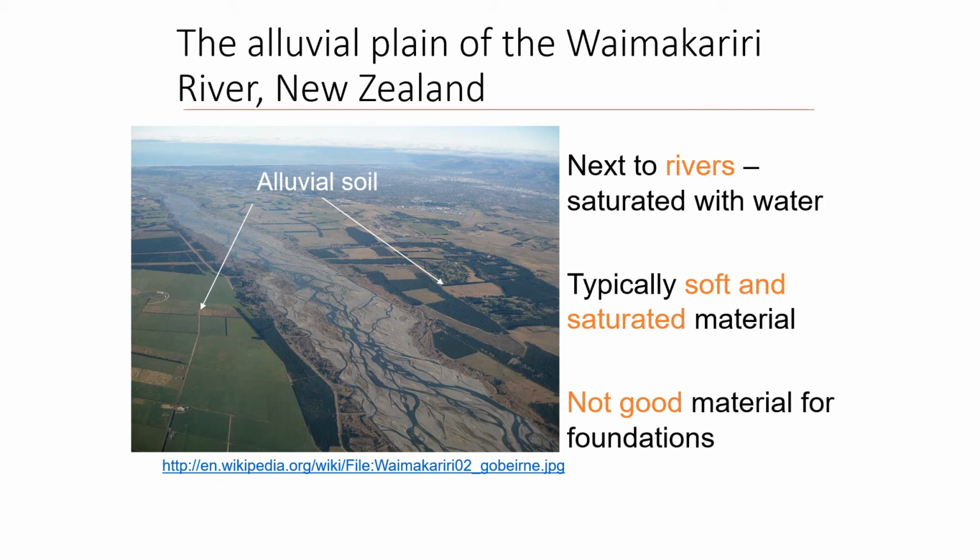This is an example of alluvial soil from New Zealand. You see all this area around the river is all alluvial soil. You see that because it's next to the river, this type of soil should be very soft with lots of water in it.